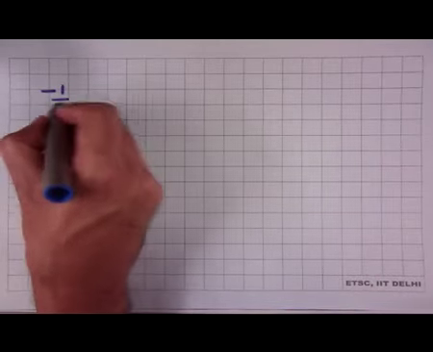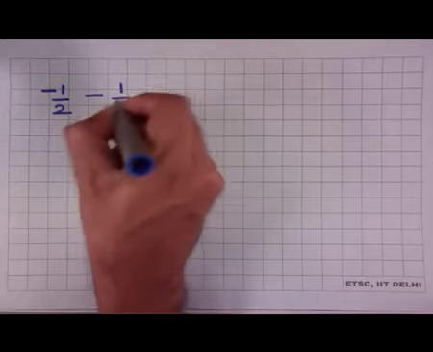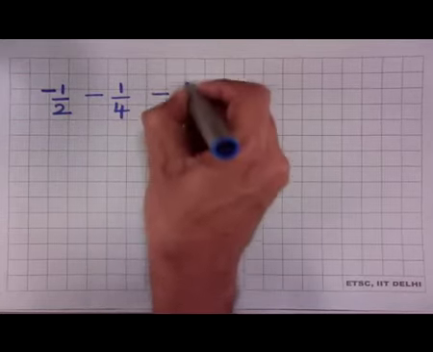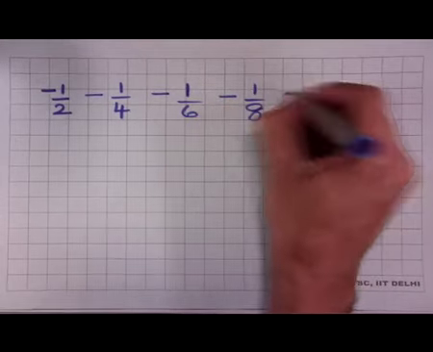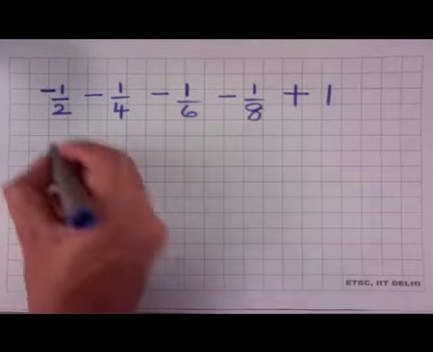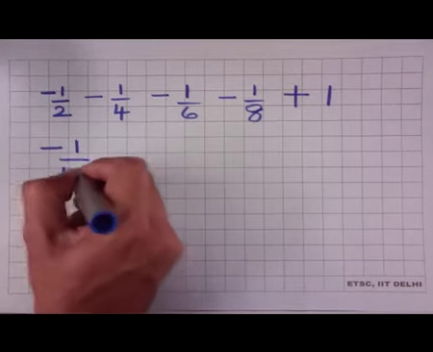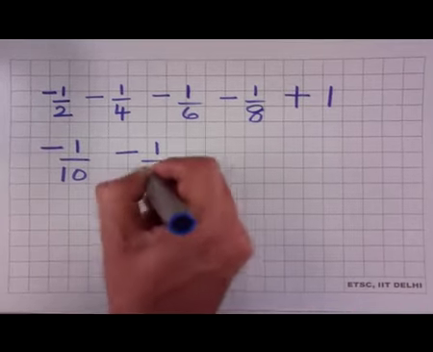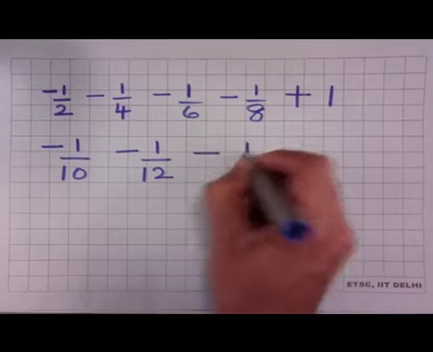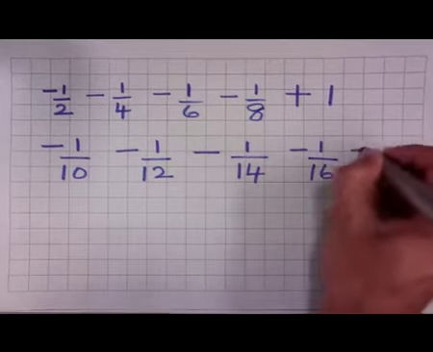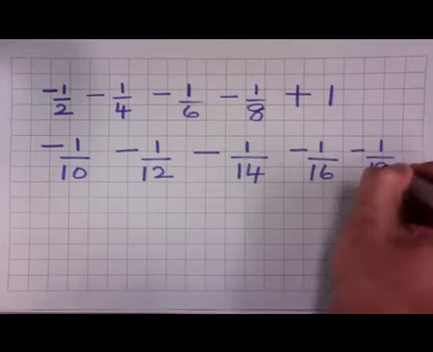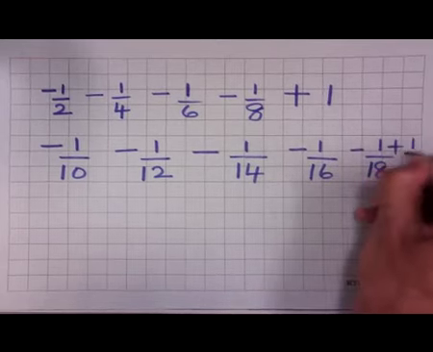Minus 1 by 2, minus 1 by 4, minus 1 by 6, minus 1 by 8, plus 1, minus 1 by 10, minus 1 by 12, minus 1 by 14, minus 1 by 16, minus 1 by 18, plus 1 by 3, and so on.